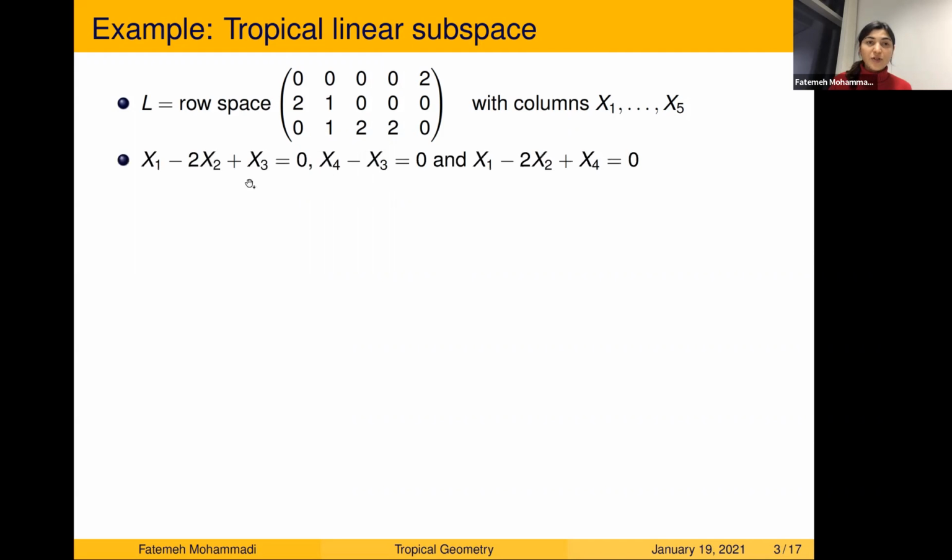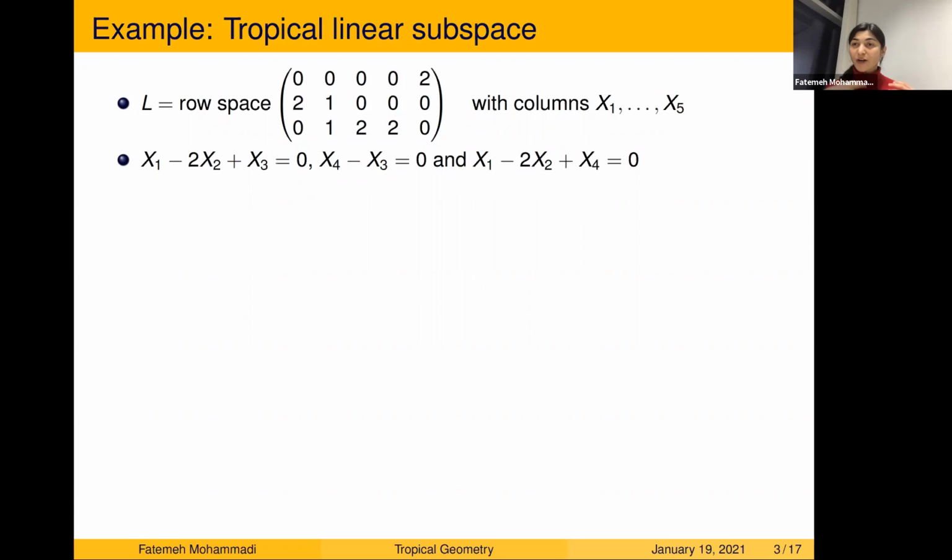Maybe I'll put these equations here: vector 1 plus x3 is twice my second vector, and 3 and 4 are equal. Similarly, x1 plus x4 is 2 times x2. These are the minimal dependencies, called the circuits of this matrix and its corresponding matroid.